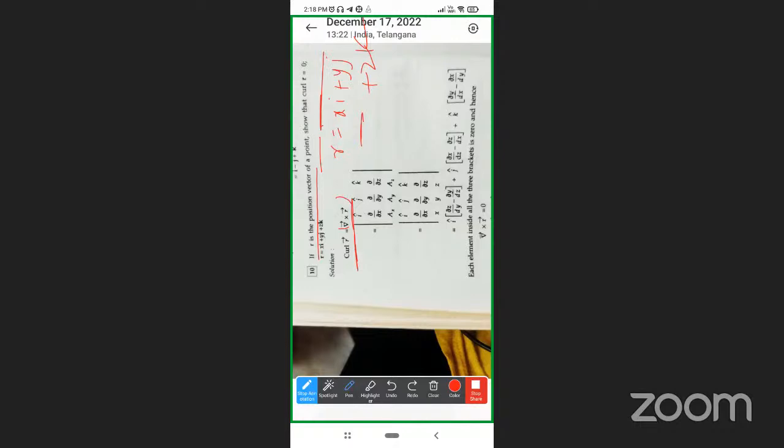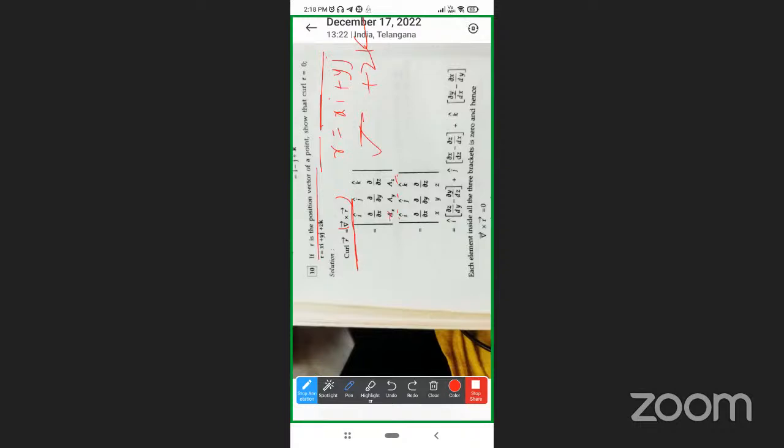So what is the formula? The determinant with i, j, k; dou by dou x, dou by dou y, dou by dou z; Ax, Ay, Az.